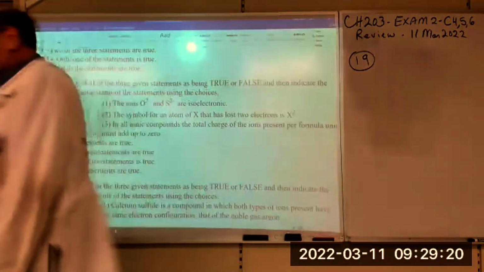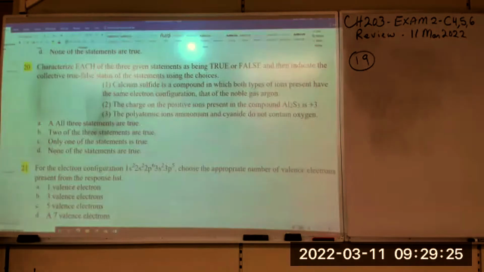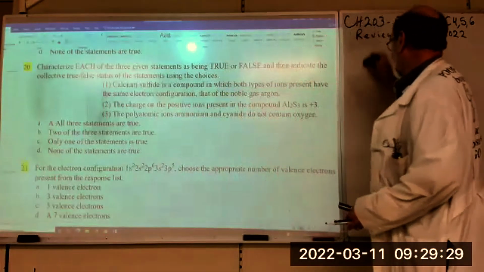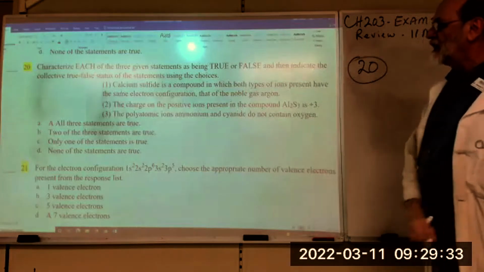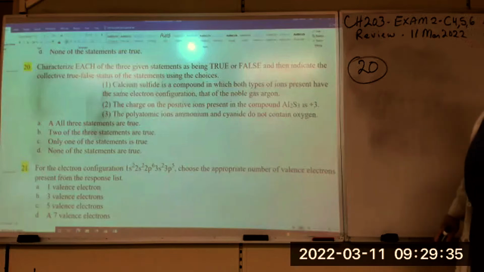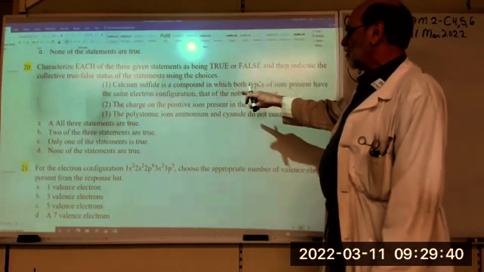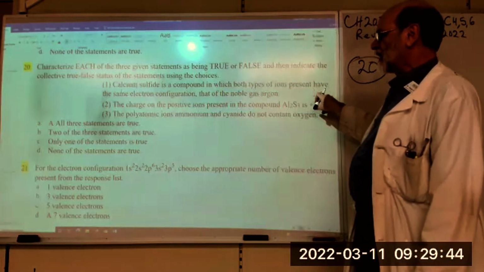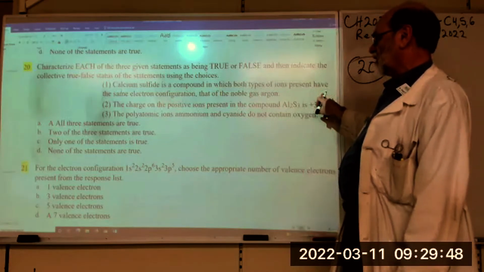All right, let's scroll to 20. Same scenario as 19. Calcium sulfide is a compound in which both types of ions present have the same electronic configuration, that of the noble gas argon.